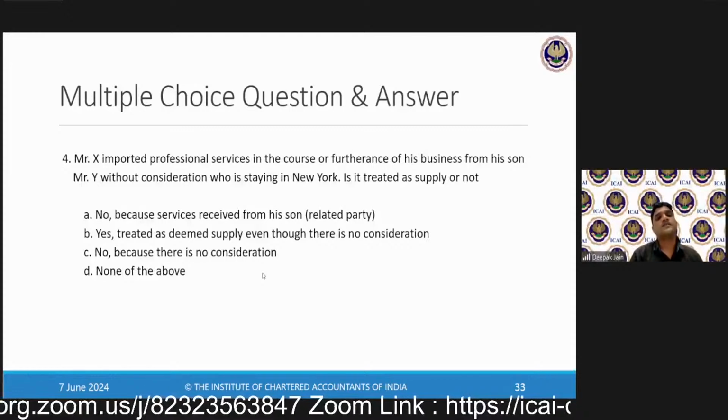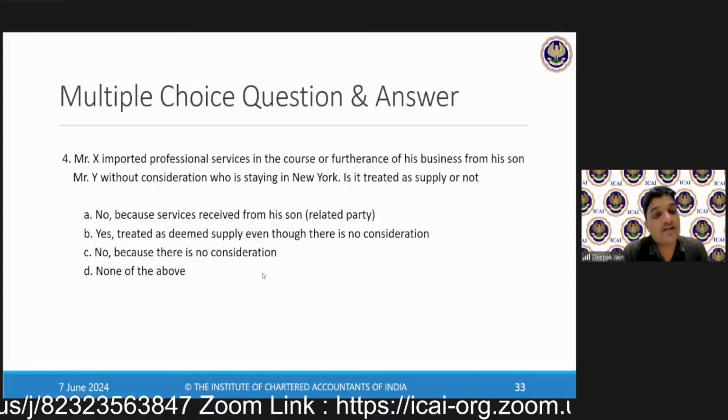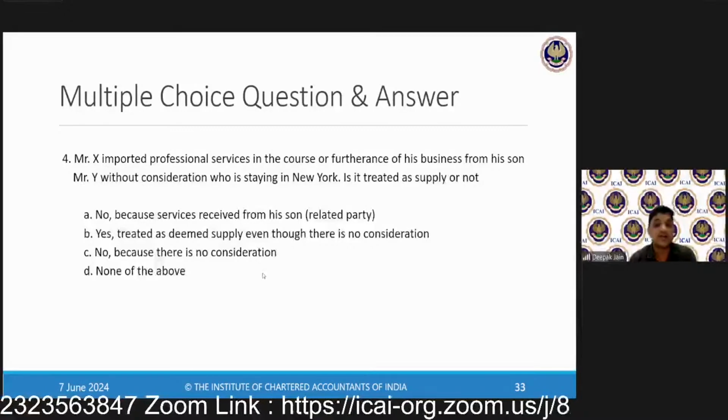Next, Mr. X imported professional services in the course of furtherance of business from his son, Mr. Y, without consideration, who is staying in New York.